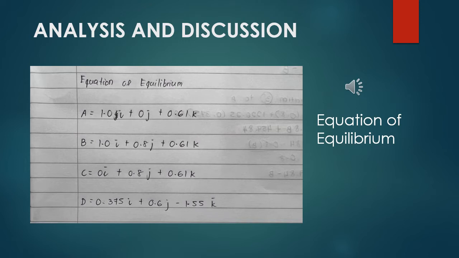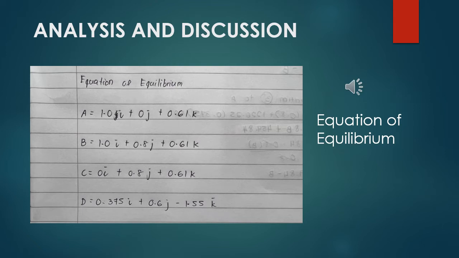As we know from the FBD, A, B, C and D are static supports. The equation for A is 1.0i plus 0j plus 0.61k, and before that, ijk represents x, y and z.